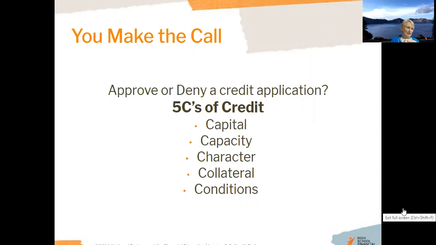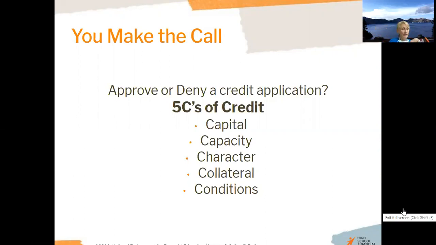Capital, as in, do you have some money already in the bank? If you don't have any money in the bank, I know it might seem like, well, I wouldn't need to borrow if I had some, but they want to know you have some because you've got to pay your normal bills.